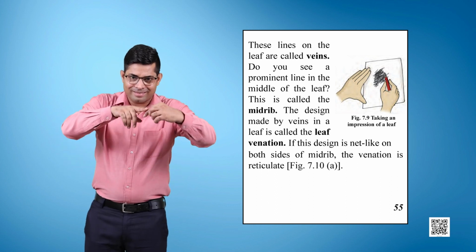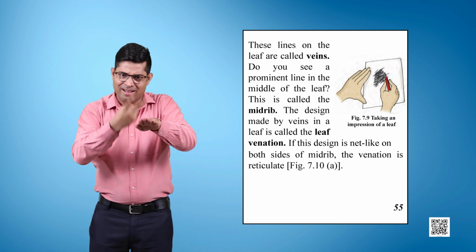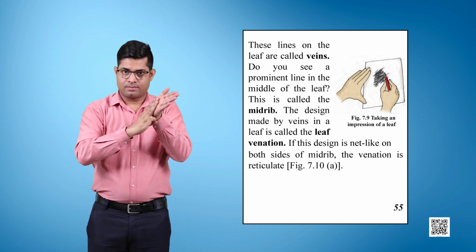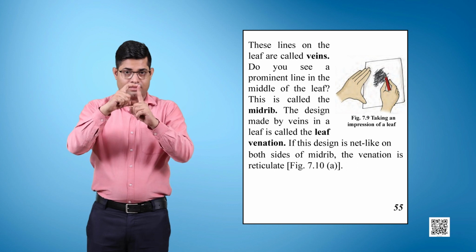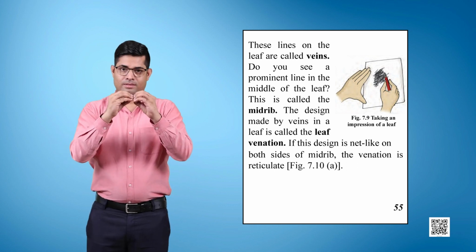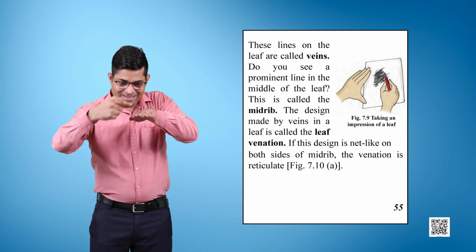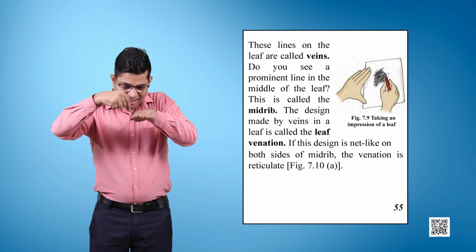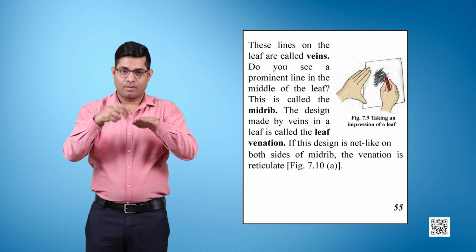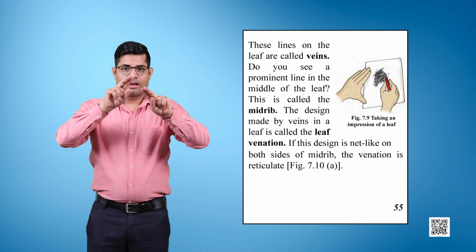Do you see a prominent line in the middle of the leaf? This is called the midrib. The design made by veins in a leaf is called leaf venation.